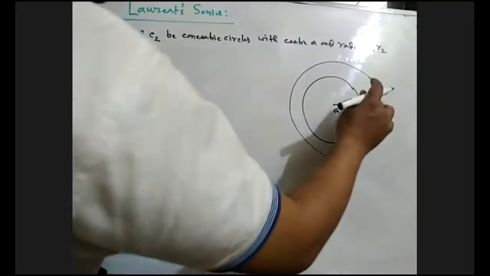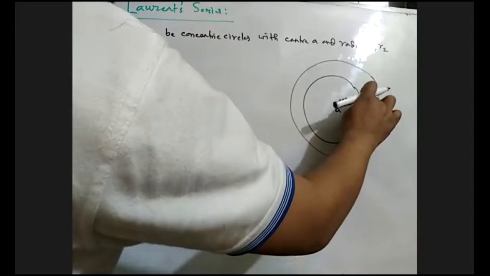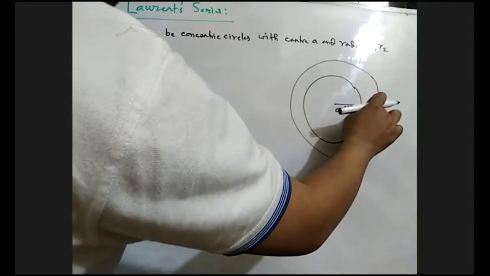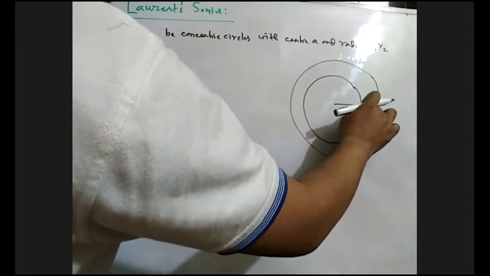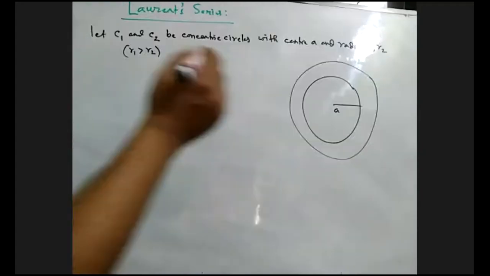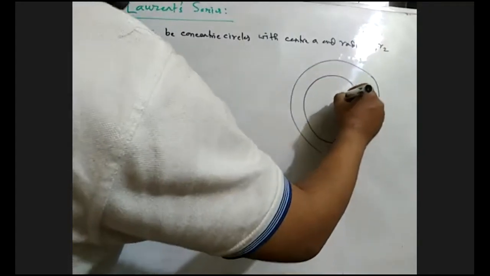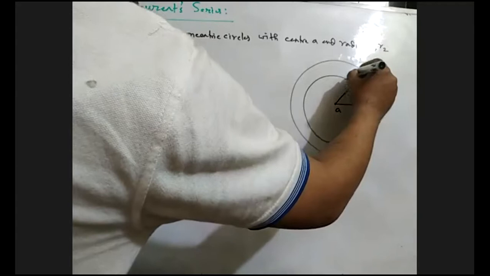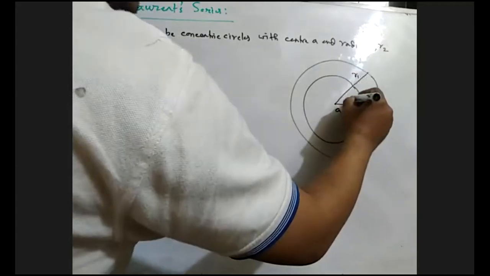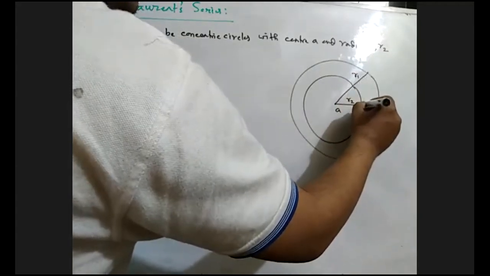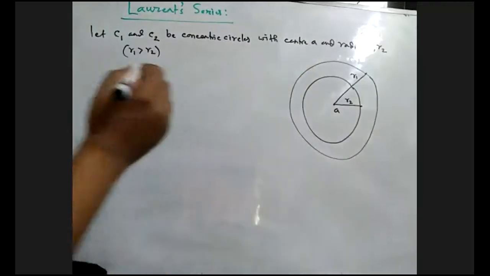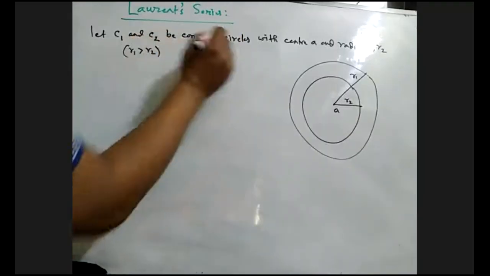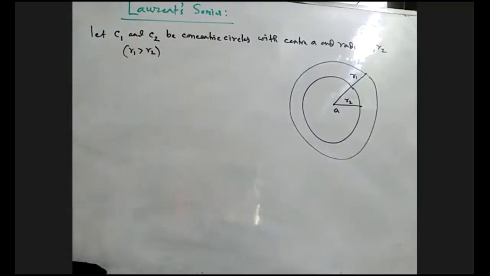This is the first radius and this is the second one, R2. Same center, this is why it is a concentric circle.